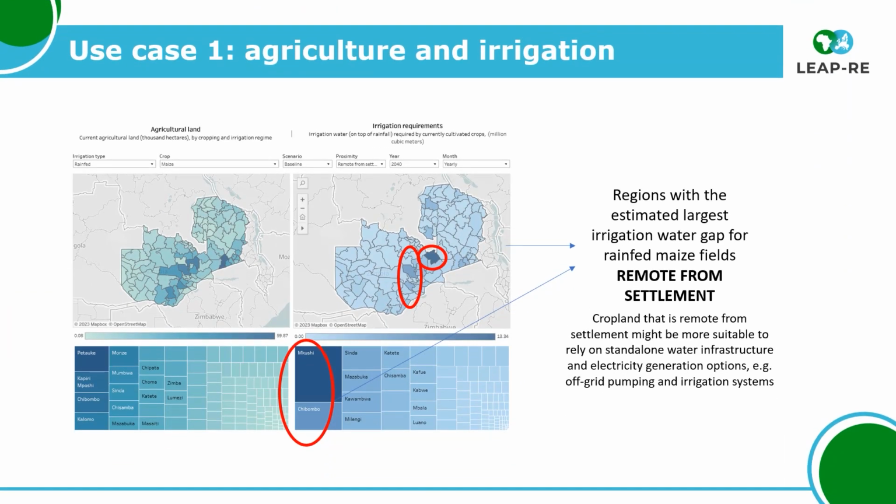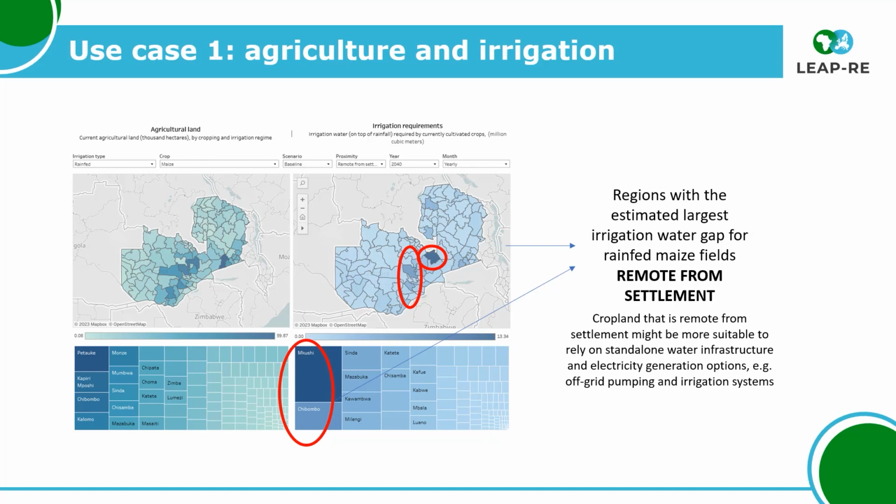We can also try to assess the same piece of information, but for cropland that is estimated to be remote from settlement, as I was anticipating before. That is to say, cropland that might be more suitable to rely on standalone water infrastructure and energy supply, as it might be too far to be connected to centralized options, and therefore has completely different technological requirements and technical challenges and economic costs as well.